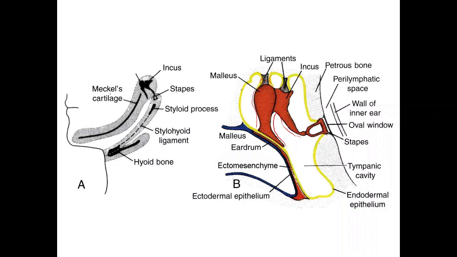Once again, Meckel's cartilage is very important in the development of malleus and incus. The origin of these two is from endochondral ossification, and the stapes is from the second pharyngeal arch, from Reichert's cartilage.